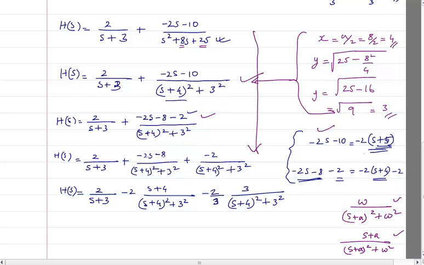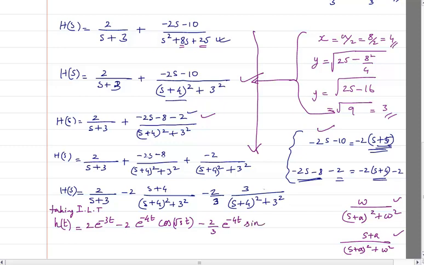Based on that, now if I am going to take h of t from the Laplace transform, I will write here taking inverse Laplace transform. So I will get this as 2 e raised to power minus 3t, and this is going to be minus 2 times e raised to power minus 4t cos root 3t, since omega is root 3 here, and this one is going to be minus 2 by 3 e raised to power minus 4t sine.